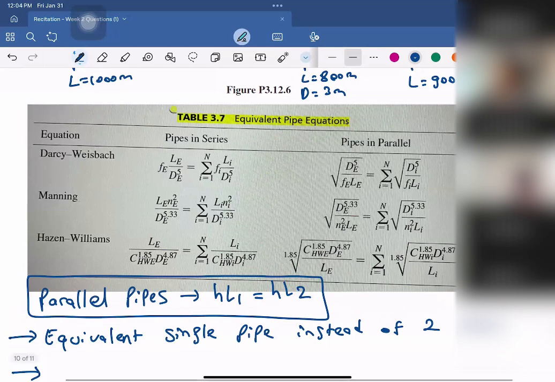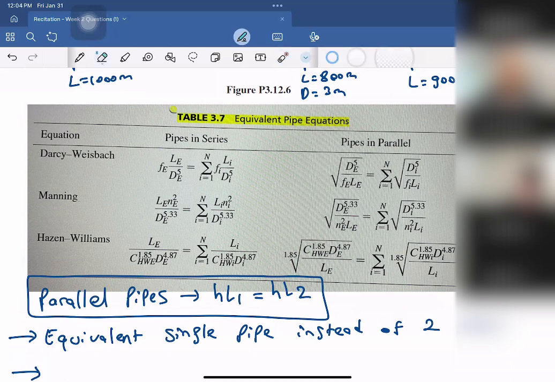Here we are going to benefit from this table, which is equivalent pipe equations, which you can find in your textbook. Here we have the Darcy-Weisbach equation, and if it is pipes in series, we would use that one.